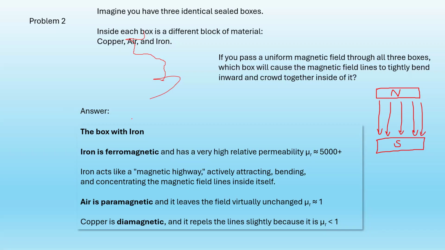And then you put the box with iron here, inside that uniform field, those lines are going to be attracted to it. So you're going to have all those lines gathered from all around. They're going to try to pass through that thing here. So you're going to have a stronger magnetic field passing through that iron.